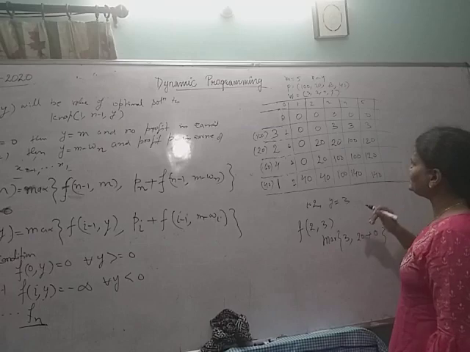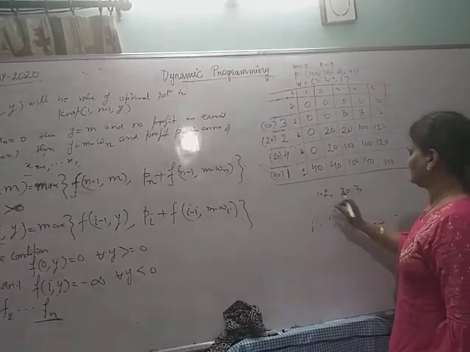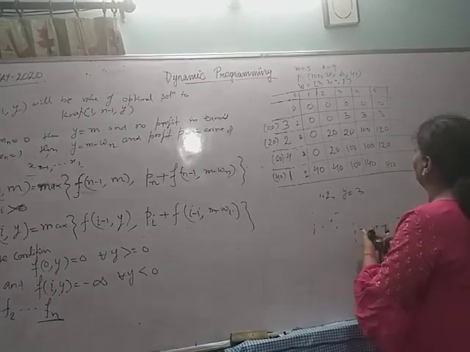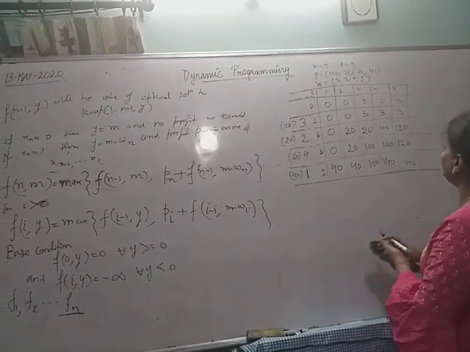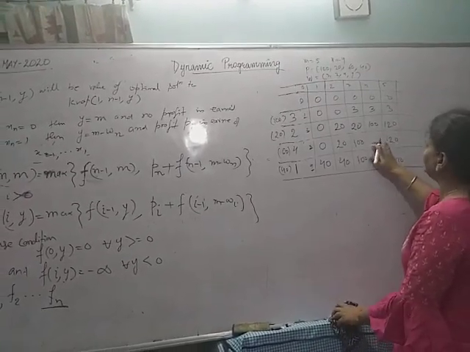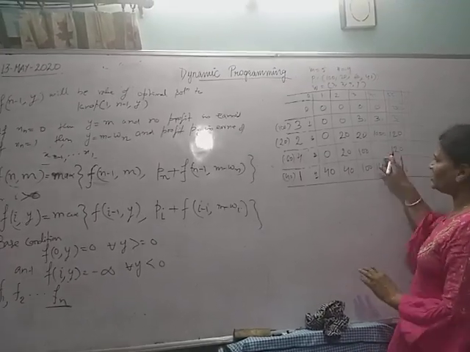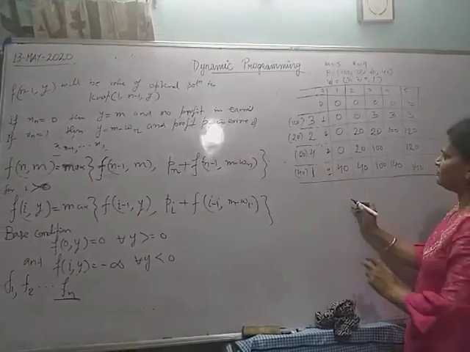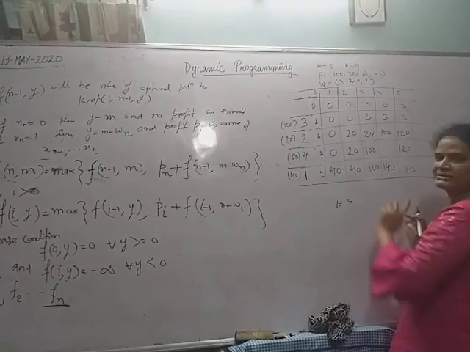Now the same you see here. Suppose I consider this entry. The value of i is 3, so I am taking the decision for the third object.